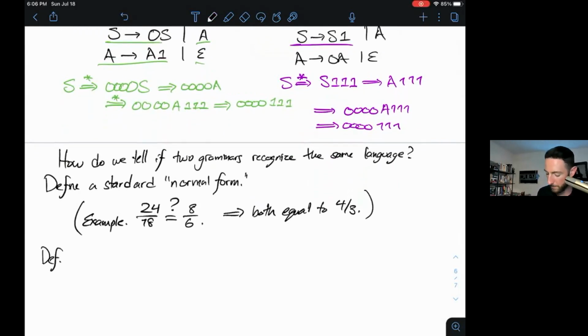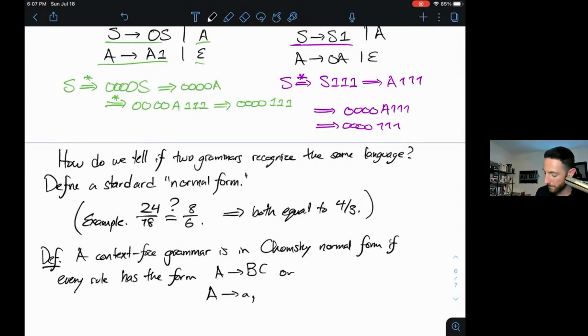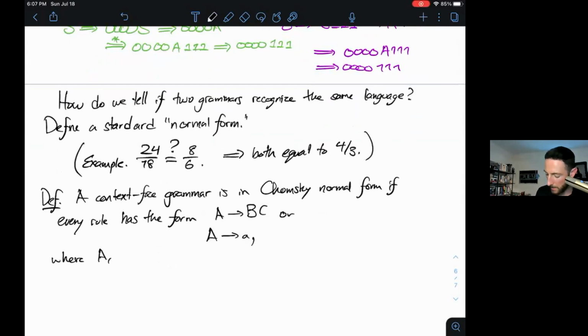So definition: a context-free grammar is in Chomsky normal form if every rule has the form A goes to BC, or A goes to a, where A, B, and C are variables, and a is a terminal.